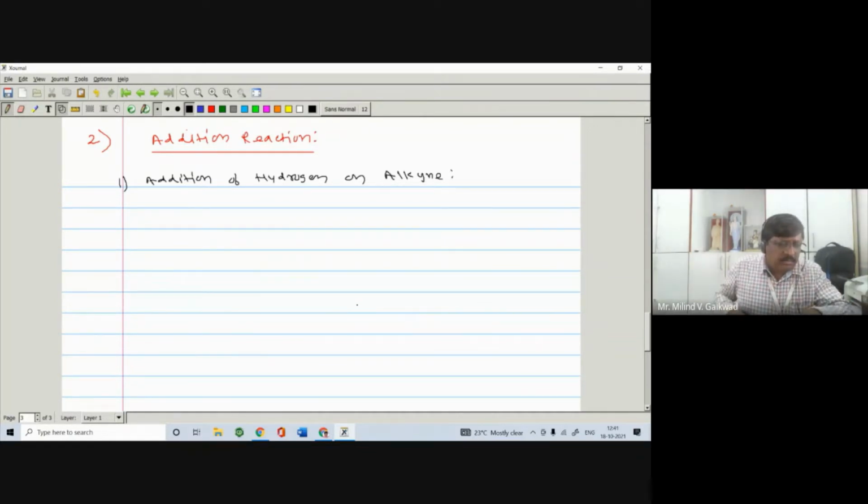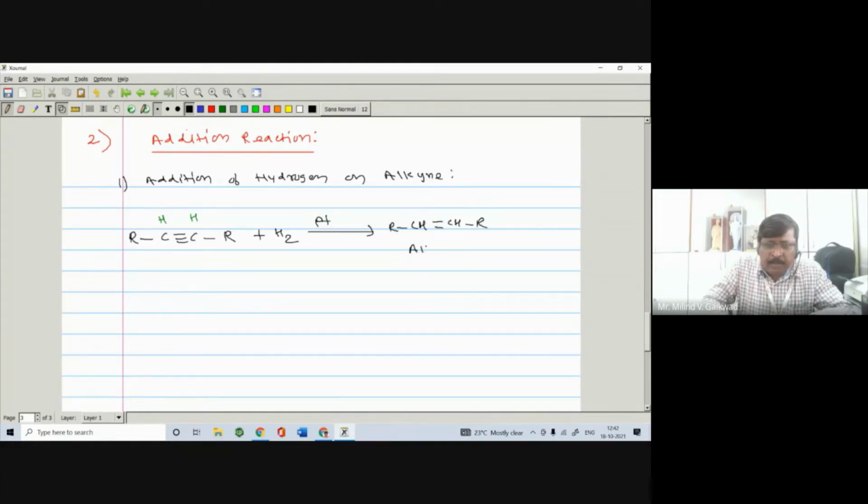When you have an alkyne like this one, with a triple bond, and it is treated with hydrogen in the presence of a catalyst like platinum, palladium, or nickel, there is addition of hydrogen, H H, on this multiple bond. Then you get the corresponding alkene, R CH double bond CH R.